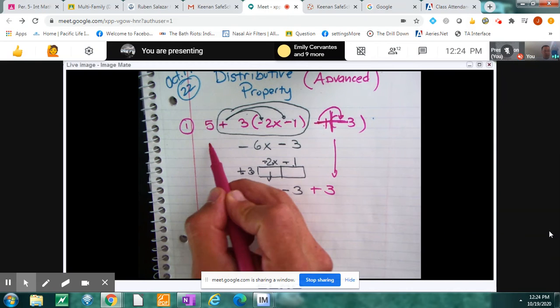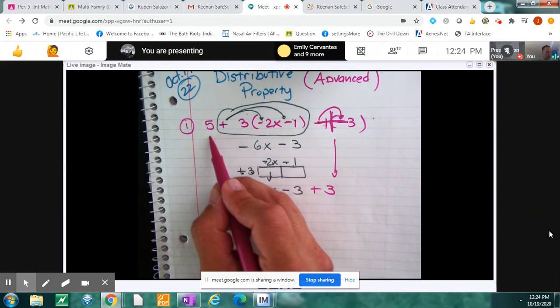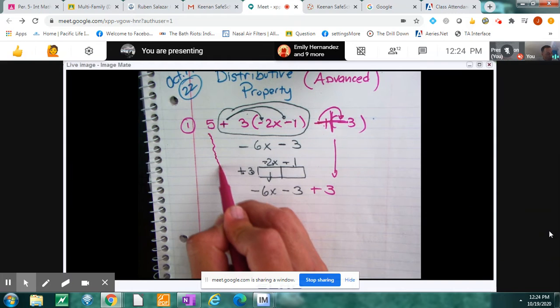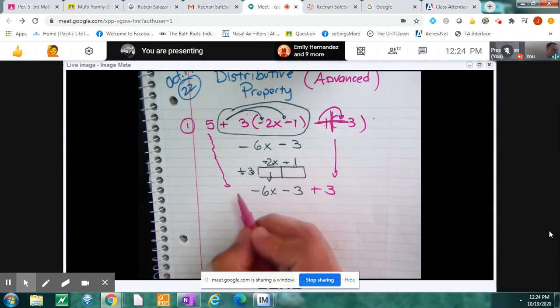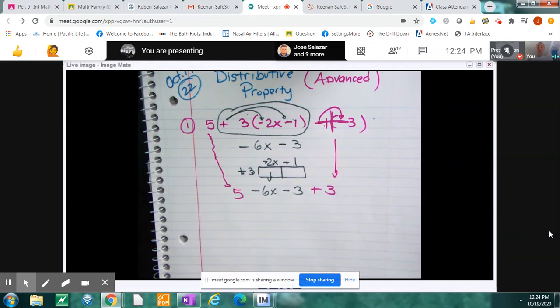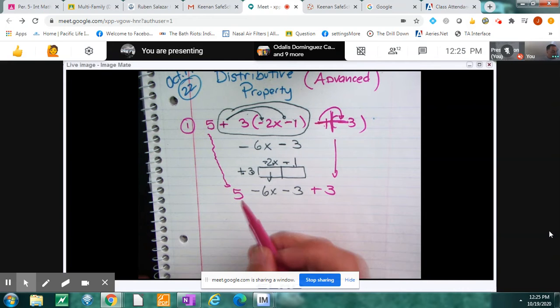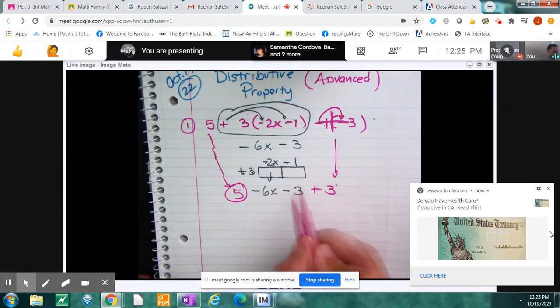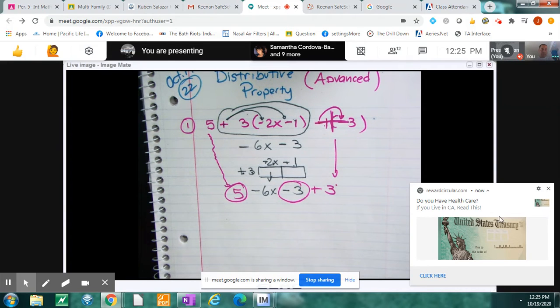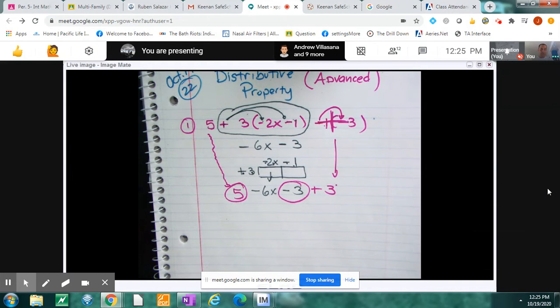And then what happens to the 5? Emily Cervantes, what happens to the 5? Bring it down. So now, once you're done multiplying, all you got to do is combine like terms. So now let's do the 5 plus the negative 3, plus another 3.